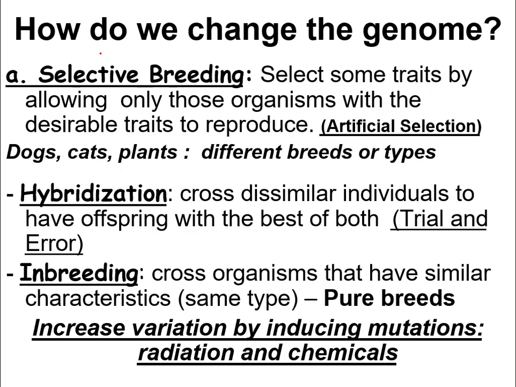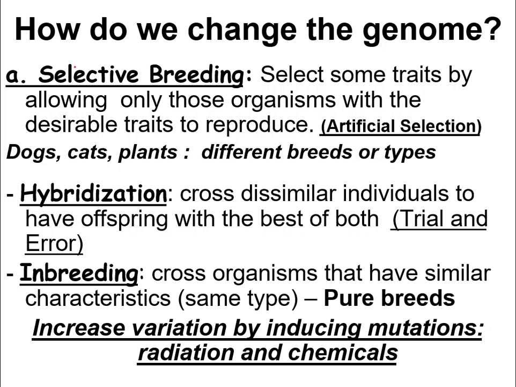So one way to do this is, well, it's not really genetic engineering, but one way to change the genome is selective breeding. This is where we pick and choose desirable traits and features that we want in, say, dogs, and we breed them so that their puppies or their offspring have those traits or are more likely to have those traits as well.